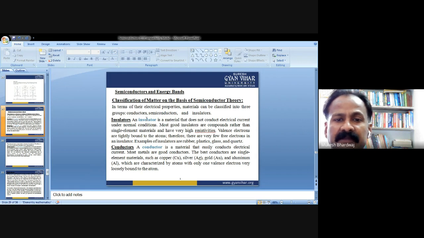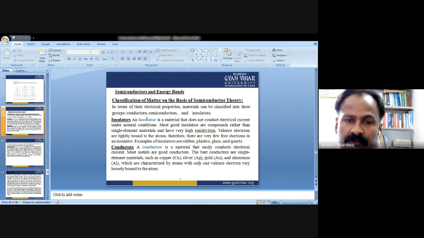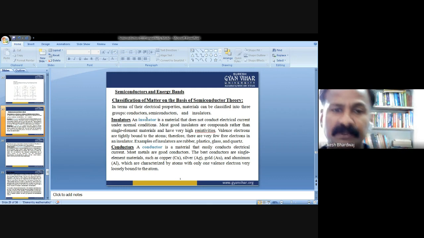Semiconductors and energy bands. Classification of matter on the basis of semiconductor theory. In terms of their electrical properties, materials can be classified into three groups: conductors, semiconductors, and insulators. First we learn the concept of an insulator. An insulator is a material that does not conduct electrical current under normal conditions.